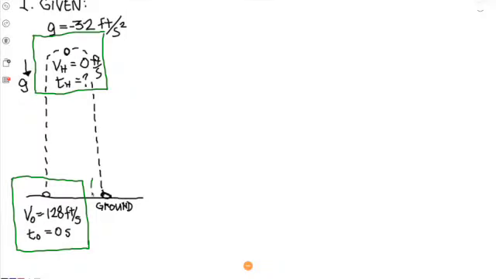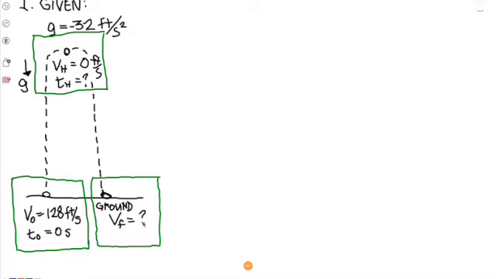Now let's take the screenshot here. At the instant the stone touches the ground, we want to know the velocity there. I don't know what you want to call it, but I will call it final velocity, vf. Do we know it? No, we don't. We need to solve for it.